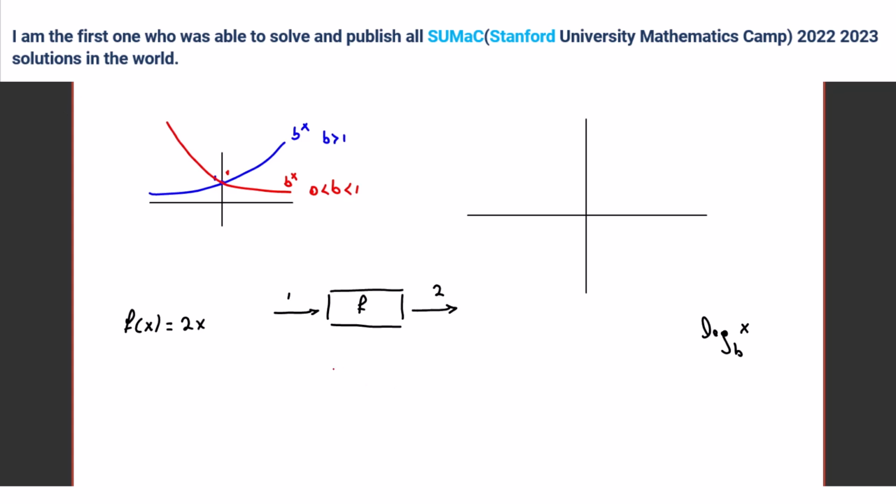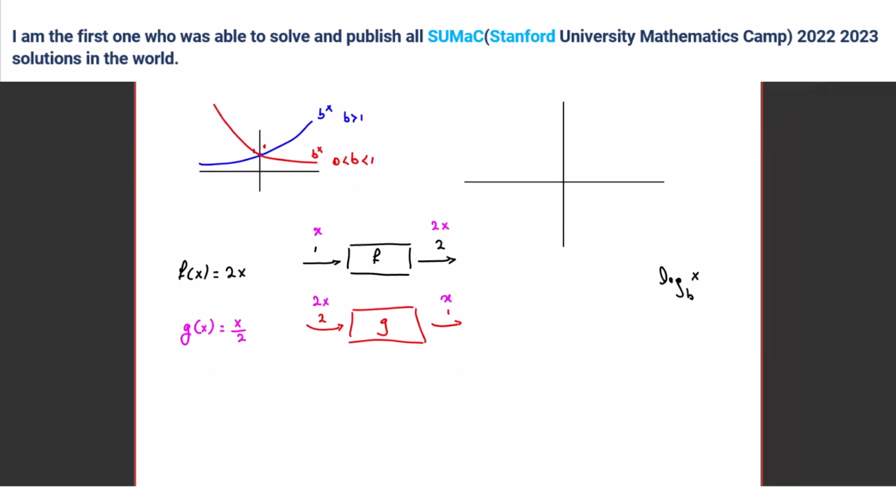Now, if I want to reverse it, I want to, for example, give 2 and get 1. Here, as you can see, when you give x, you get 2x, right? Here I want to define a function that when I give 2x, I get x. So g of x is the inverse of this. It is x over 2. Exactly. So these two functions are inverse of each other, right? And when two functions are inverse of each other, f of g of x is x.